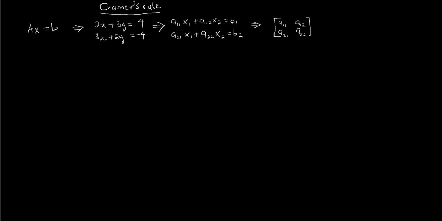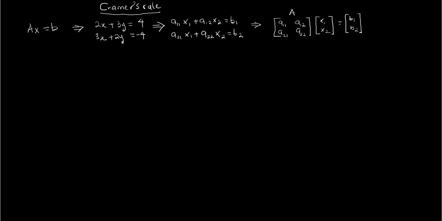That's our matrix A, and it's going to be multiplied by the variables x1 and x2, and that is going to be equal to what you have on the right hand side, which is your b1 and b2.